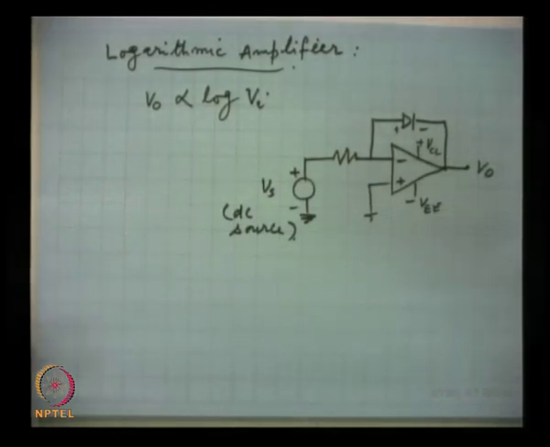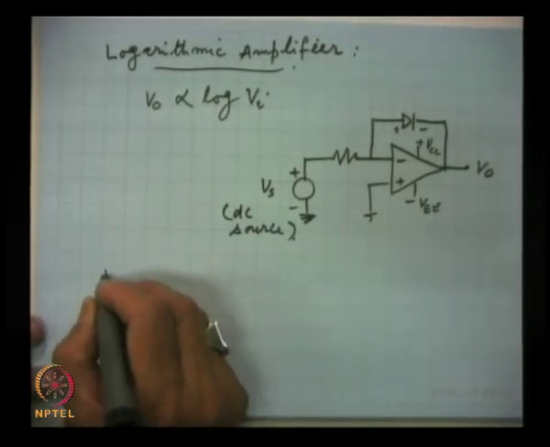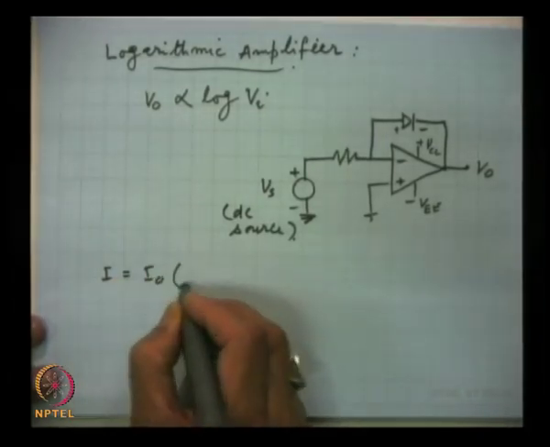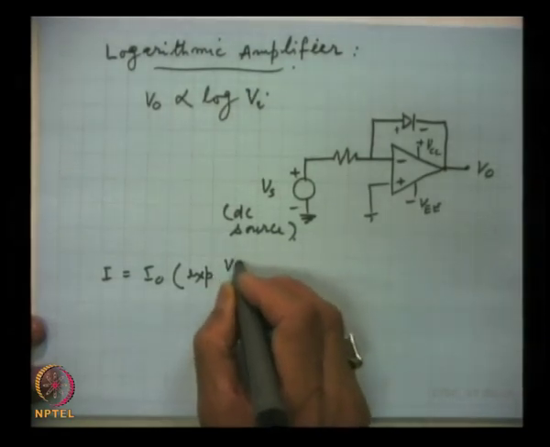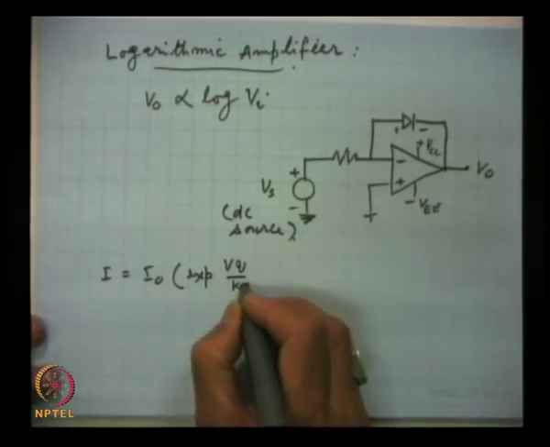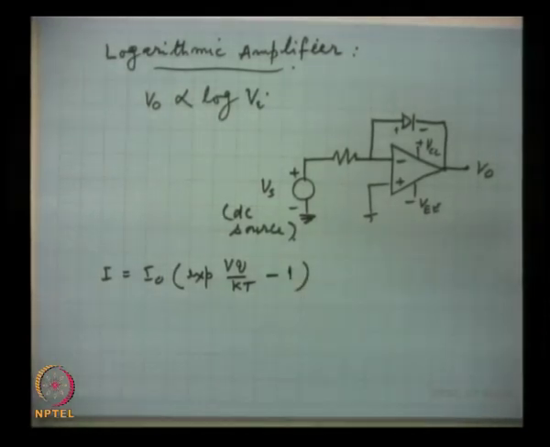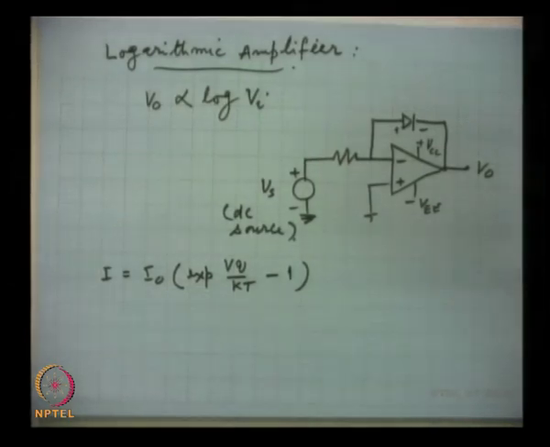Here, for the IV characteristics of the diode, we remember that I equals I0 exponential (VQ by KT) minus 1. This is the equation of a diode which describes the current-voltage relationship.